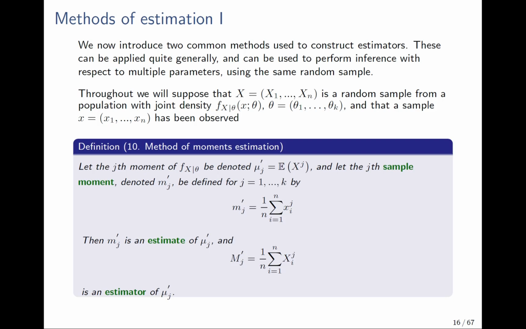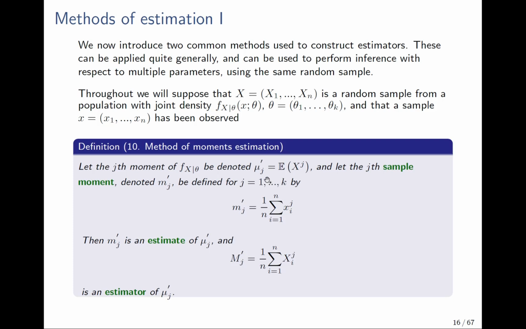That's our first estimator. And this is a very simple estimator that simply tries to use the sample moments derived from the sample, and equates them to moments derived, or the theoretical moments of a distribution, let's say. So let the jth moment of the distribution be denoted by this expression here, and you should be familiar with this because we talked about it in the last lecture.